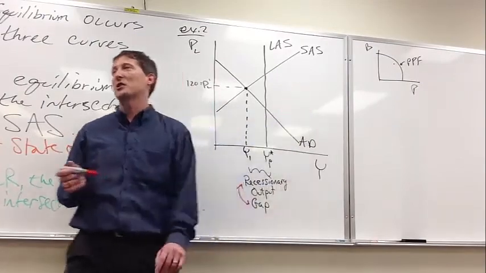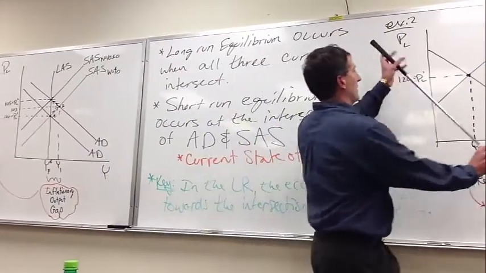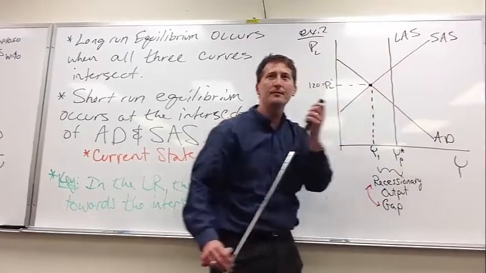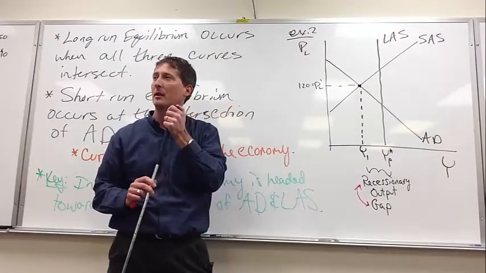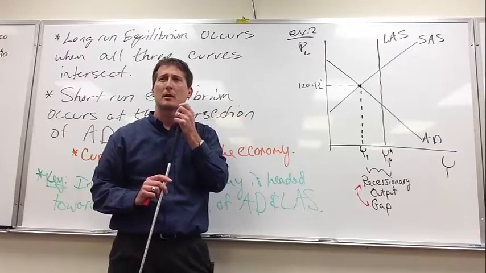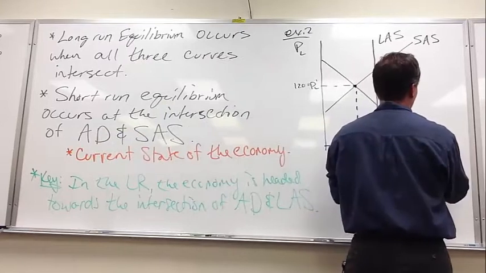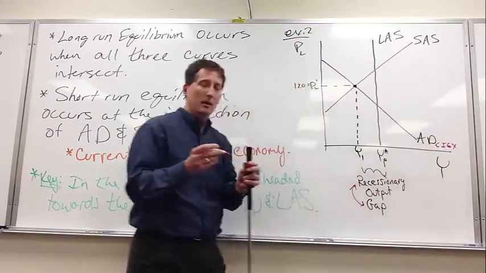How? We had shifters. The only way we can get that thing moving is if something's moving. The shifters would be the CIGS: consumption, investment, government spending, net exports.